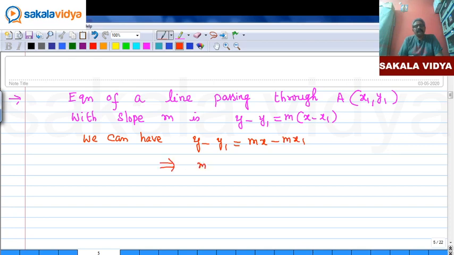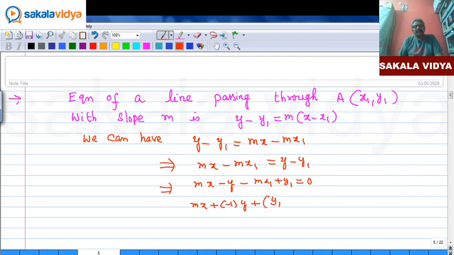Bring this side: mx minus y minus mx1 plus y1 equals 0. This can be rewritten as mx plus (minus 1) into y plus (y1 minus mx1) is equal to 0. In the place of m replace a, in the place of minus 1 replace b, in the place of this constant replace c, equal to 0.